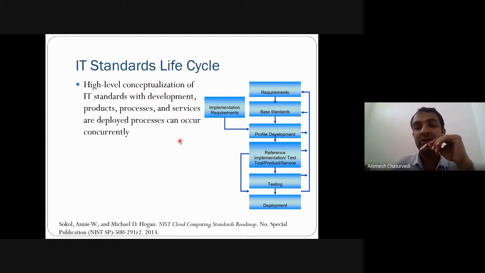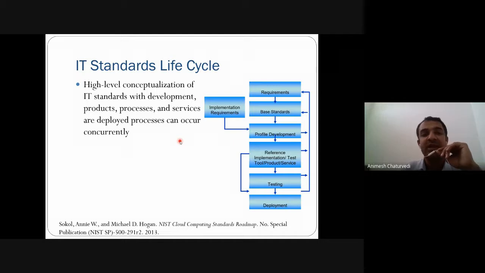If testing is not satisfied, then you'll do the requirement analysis again, and thereafter the implementation for the requirement. So this is a high level conceptual IT standard for the development of products, processes, and services being deployed in the current scenario. This has been published in the NIST Cloud Computing Standards Roadmap.